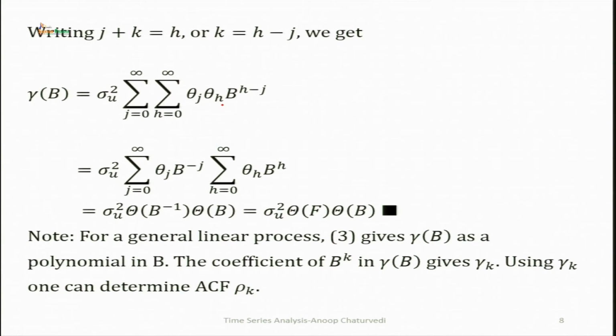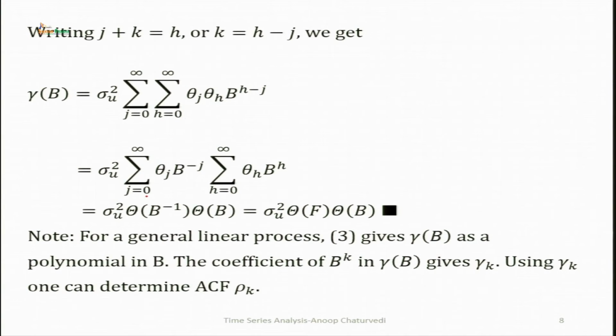We have written h equal to j plus k, then b to the power h minus j, k is equal to h minus j. And then you can write it as sigma square u summation j equal to 0 to infinity. You can take this theta j outside this first summation, and then you can also take b to the power minus j outside this first summation over h.